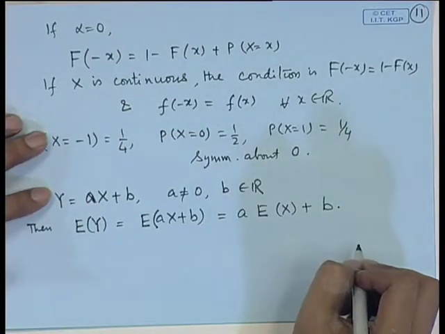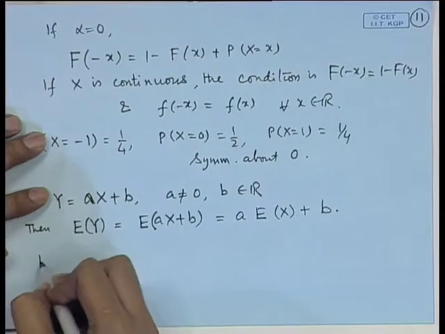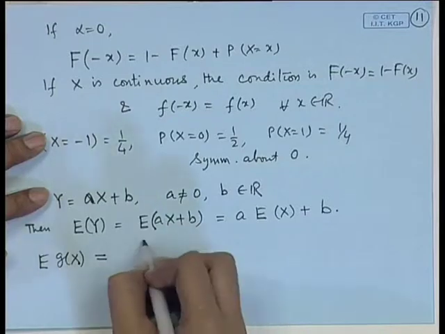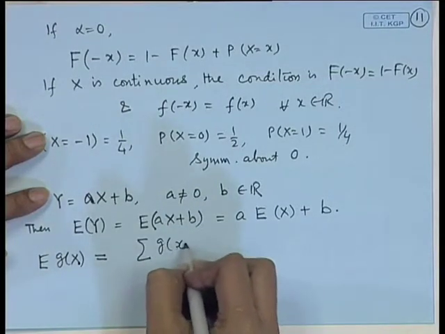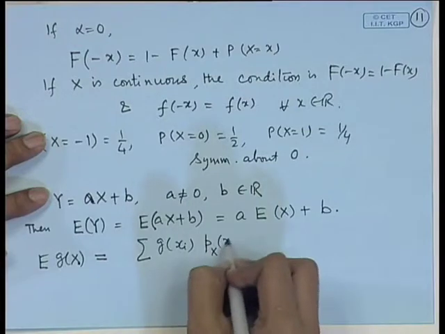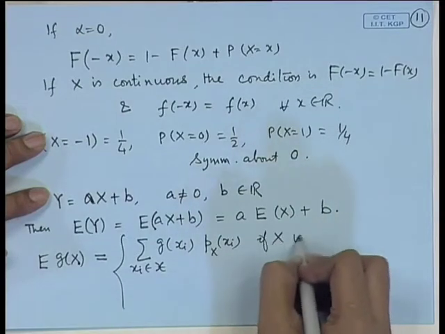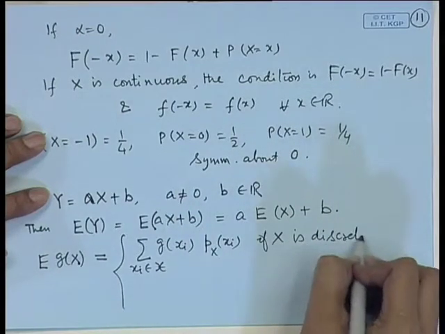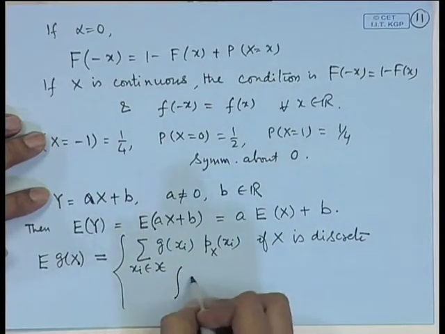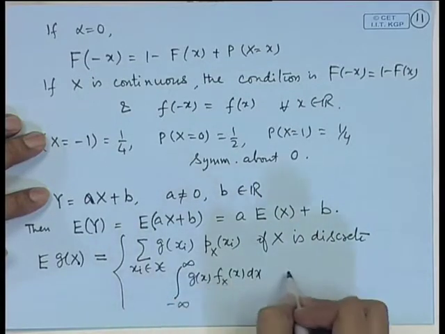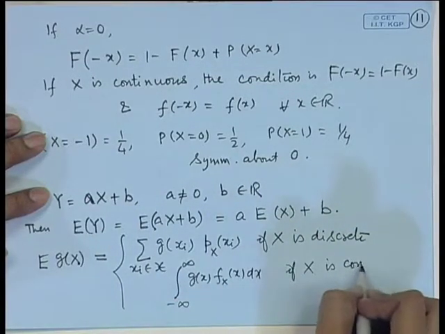In general, we can define expectation of a function of a random variable also. For example, expectation of g x, suppose x is a discrete random variable, then we can consider it as the summation of g x times p x if x is discrete, and we can define it as integral g x f x dx if x is continuous.